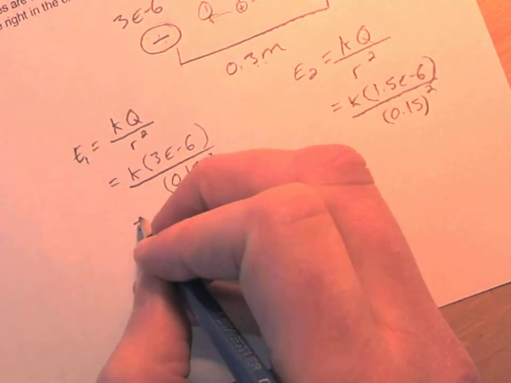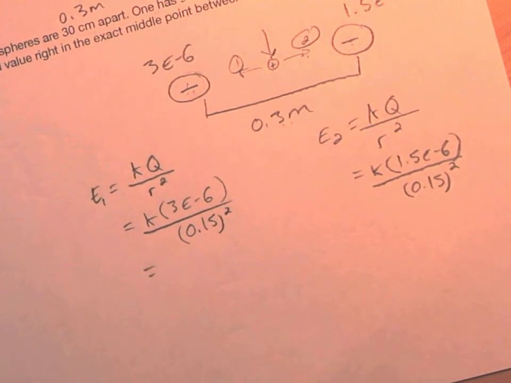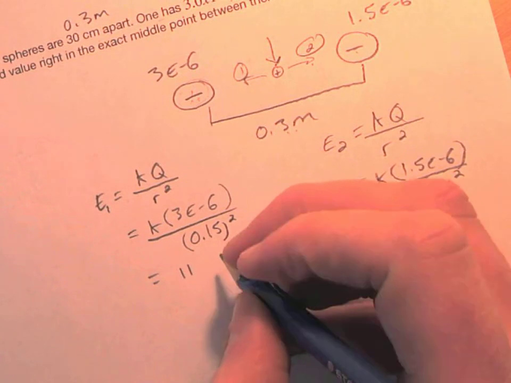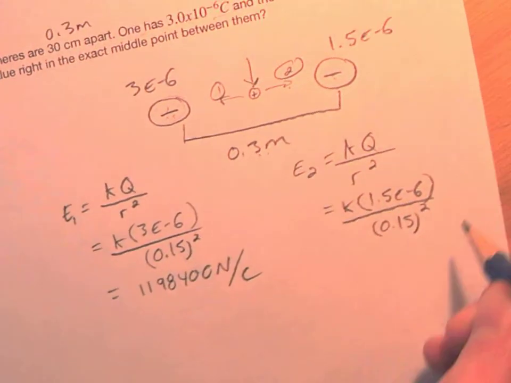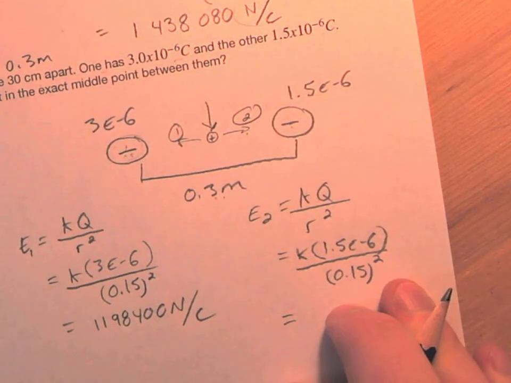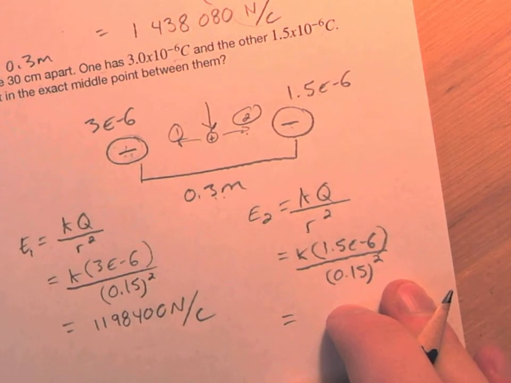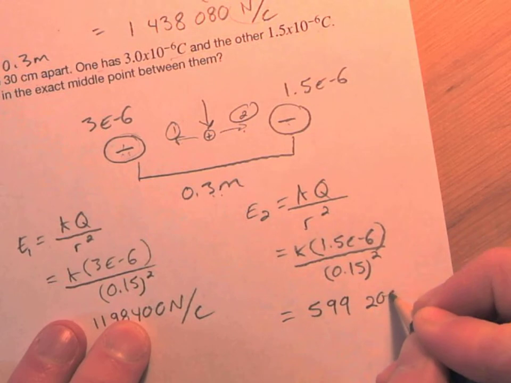So then our electric field due to the first one is going to be 1.198 million newtons per coulomb, and then this one's going to feel a strength of 599,200 newtons per coulomb.